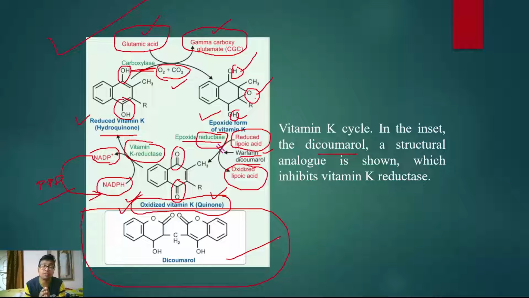Of course, it has its side effects. As you have guessed, the coagulation system will be totally disrupted. So even with a small minor cut during brushing, bleeding will continue and will not stop. So it is the risk versus benefit ratio on which the anticoagulant dose is titrated. People can get away with small cuts, but people will die due to excess coagulation and all these phenomena that I told you.